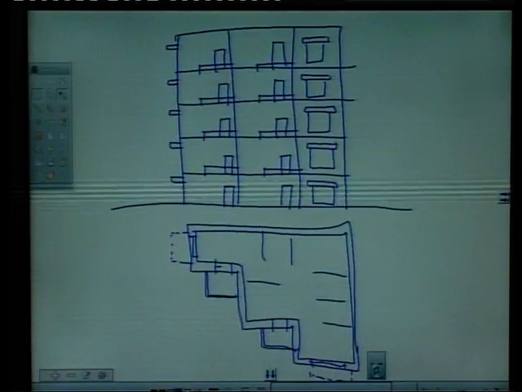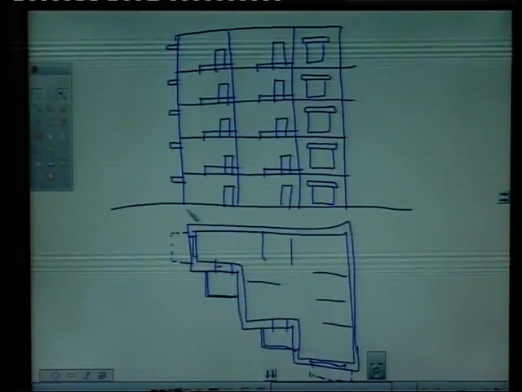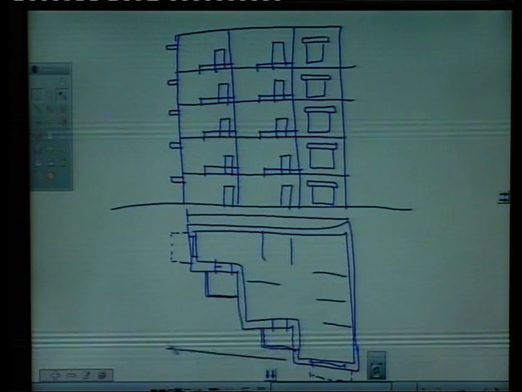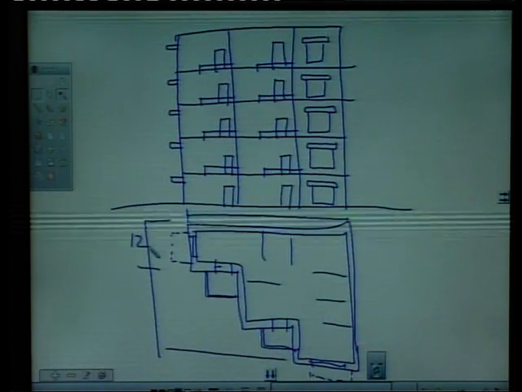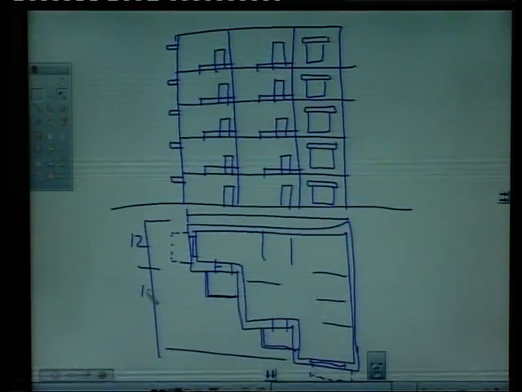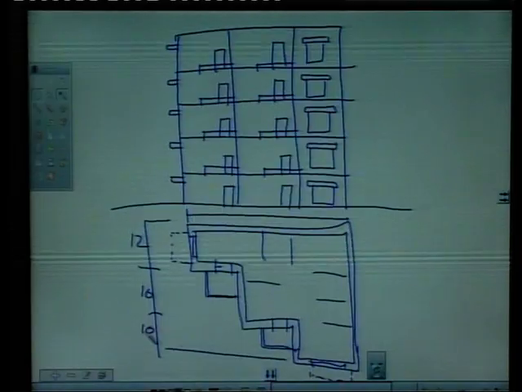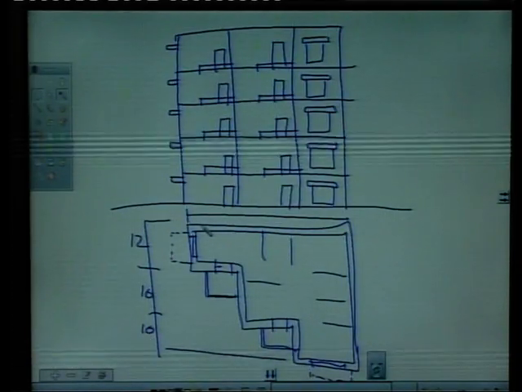And how to draw the isometric of this 5-story building? Say assume some length, say we assume some dimensions, say this is 12 feet, this is 10 feet and this is 10 feet, right. In this way, say again 10 feet and 10 feet and 12 feet, right.